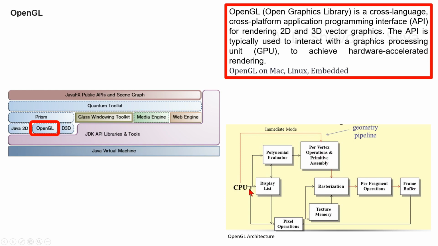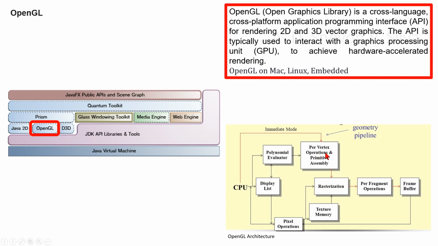Immediate mode is passed from CPU to per vertex operations and primitive assembly, and polynomial evaluator interacts with the display list, and polynomial evaluator is connected to per vertex operations and primitive assembly.